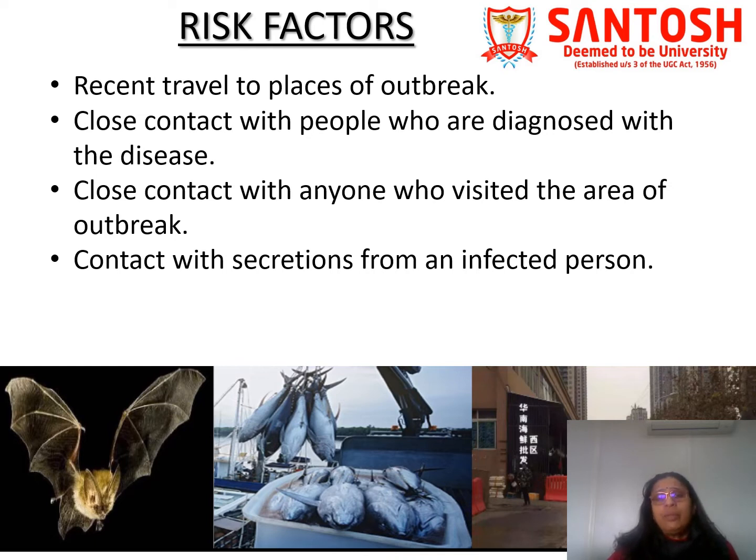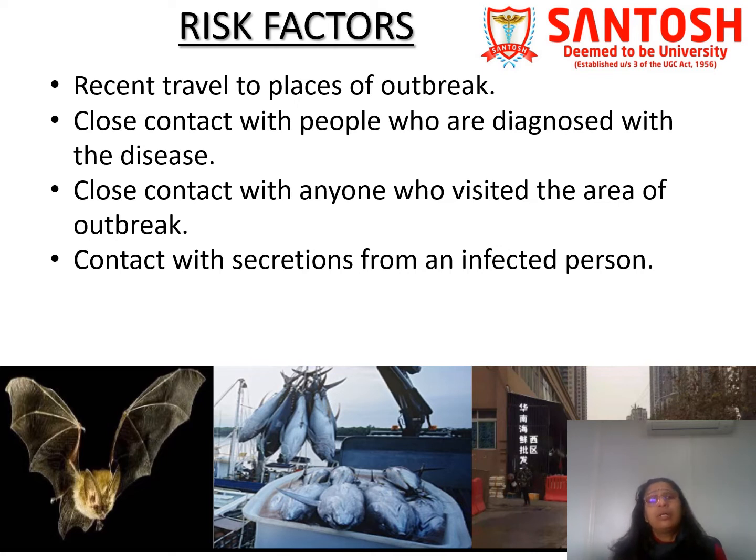Now, talking about the risk factors, first of all, could be recent travel to the places of the outbreak. If somebody has traveled to a country where the outbreak is currently active, then he may be at risk of getting the infection. Then close contact with people who are diagnosed with the disease, close contact with anyone who has visited the area of the outbreak, and that is why you must have heard the term quarantine.